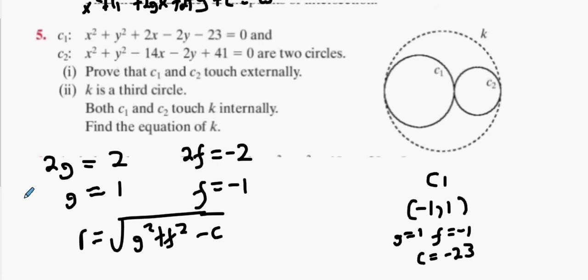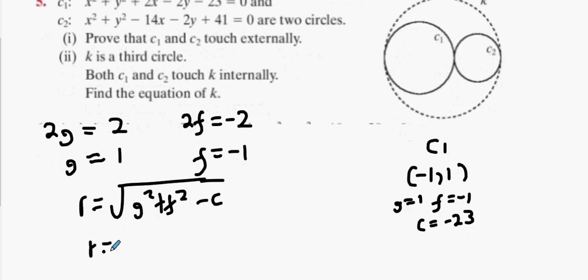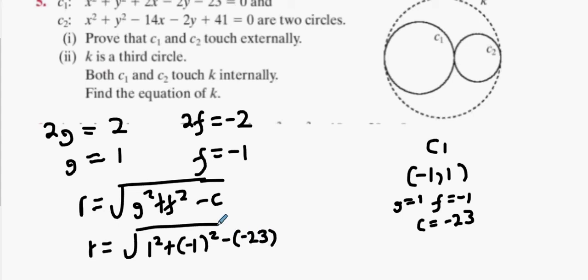See, g squared is going to be 1 squared plus minus 1 squared minus 23, which is, I'm going to get 25, which is a radius of 5. So would everybody agree that this is the point minus 1, 1, and it has a radius of 5? Is that okay with you guys? Alright.